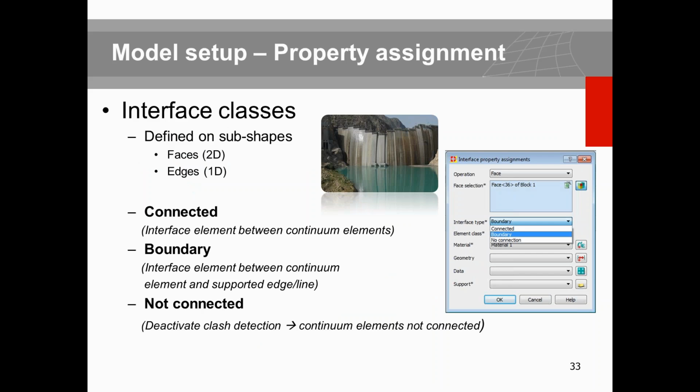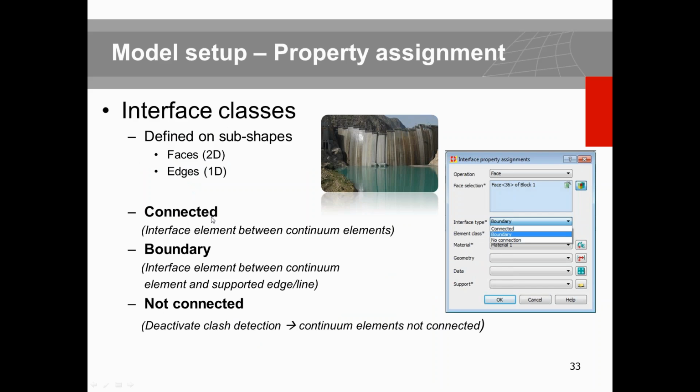To create or assign property to the interface, we introduce a new workflow. If you have two blocks which are attached to each other, you only need to select the common face, one face from one geometry, and then tell the program this common face is going to be connected, boundary, or no connection.